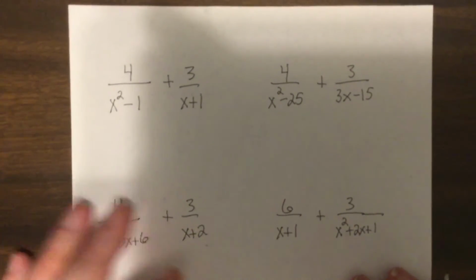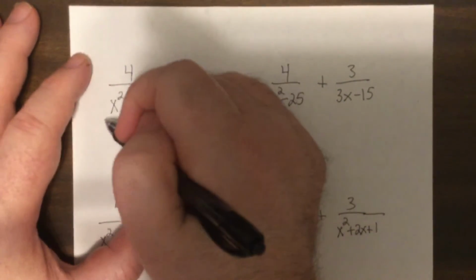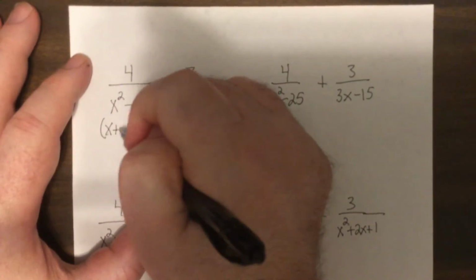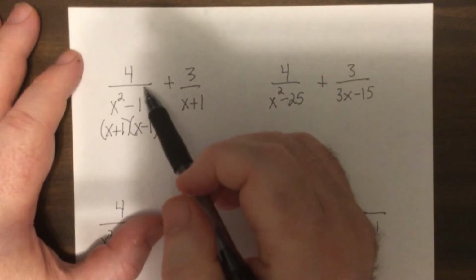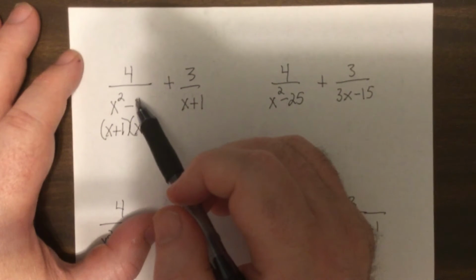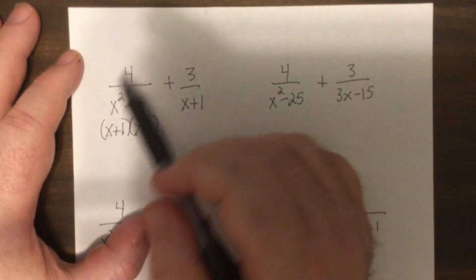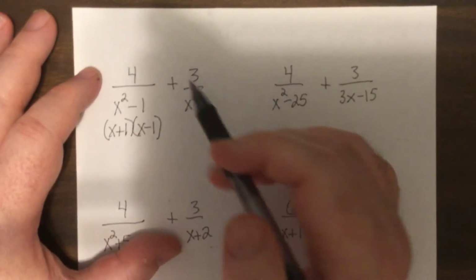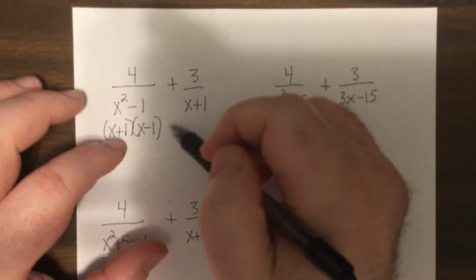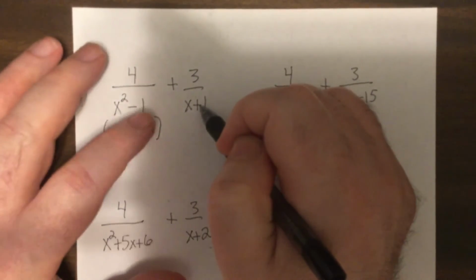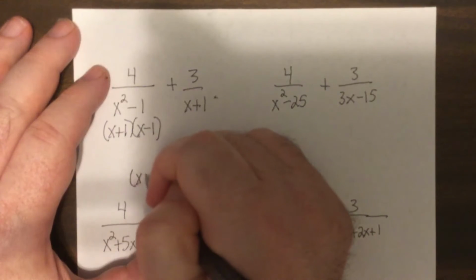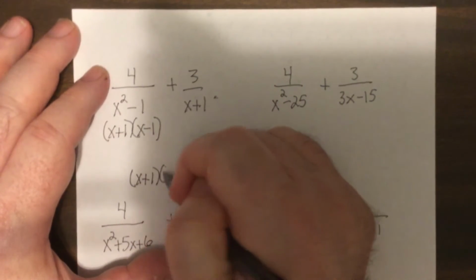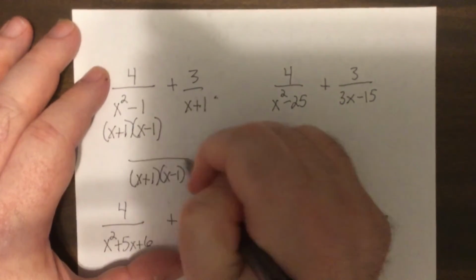Oh, so to do the LCD, I need to factor. This is the difference of squares. I don't know why this is getting foggy all of a sudden. But what's my LCD? I have 1 x plus 1, 1 x plus 1, 1 x minus 1, and I don't have an x minus 1 here. So I'm going to rewrite both fractions with x plus 1, x minus 1.